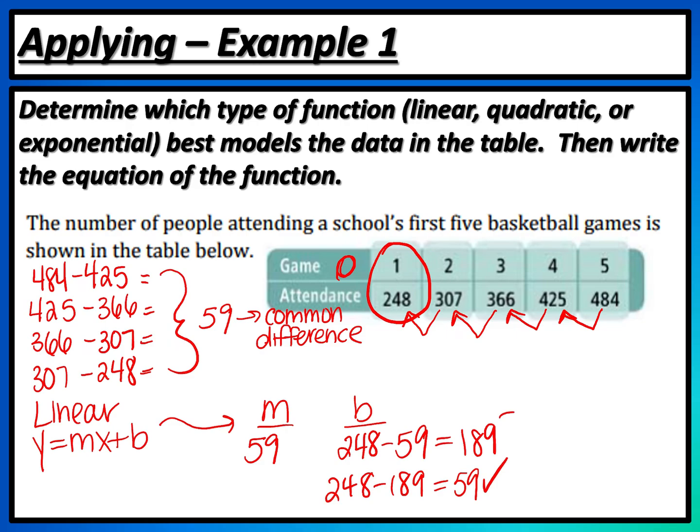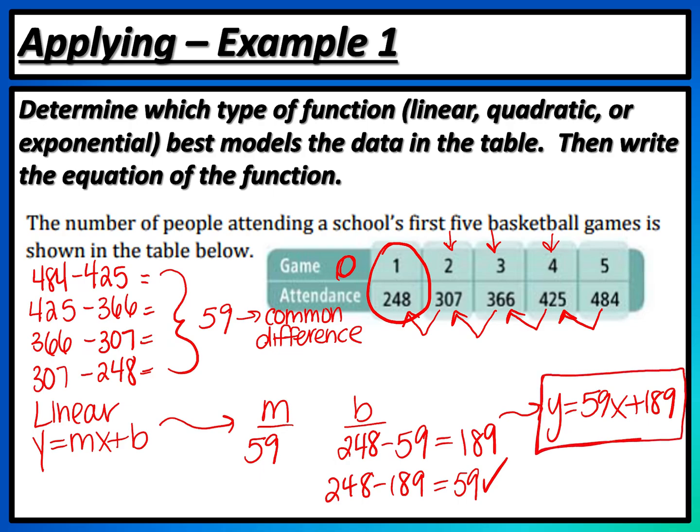So our final answer here is 59x + 189. You could plug in any of those ordered pairs from the table into that equation to check that it is true. That's our linear model for this table.